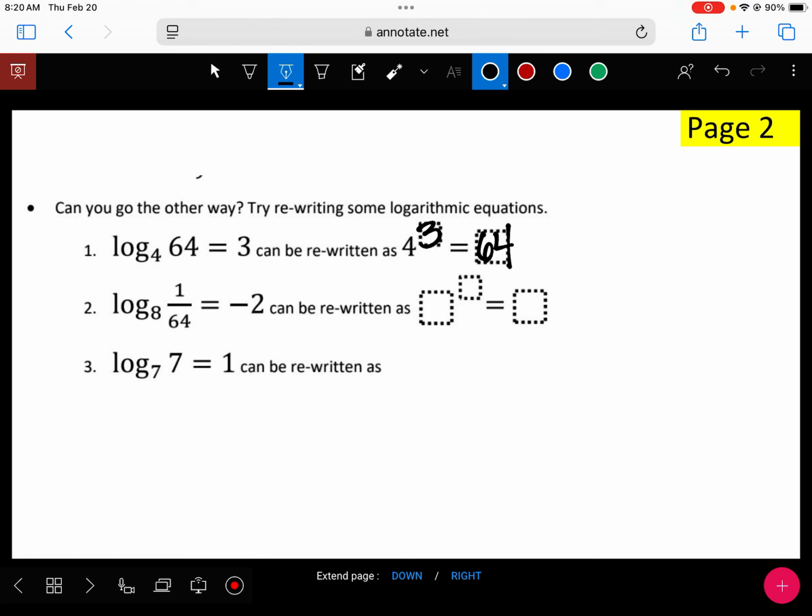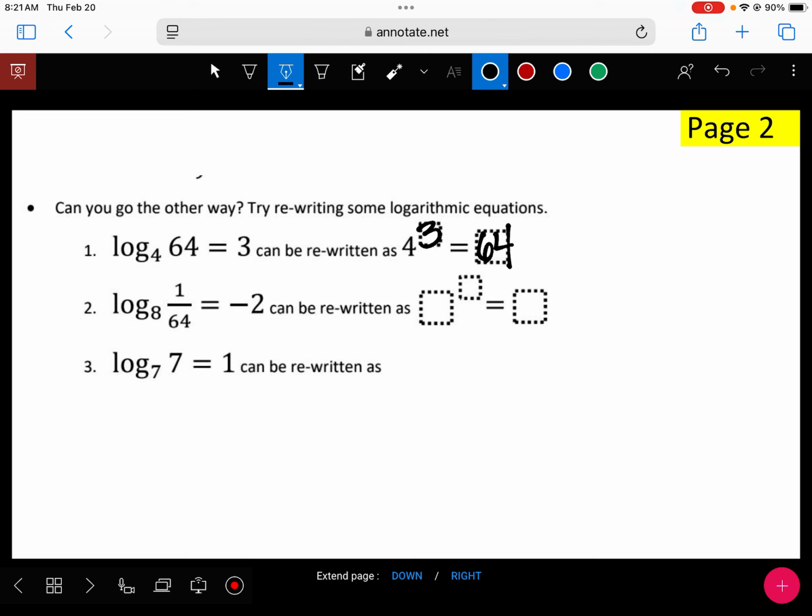Anybody want to take a guess how you would rewrite question 2? Hajar. Yeah, they wrote this one. So what would be in the first box? So we start off with the base of the log. Look in here.